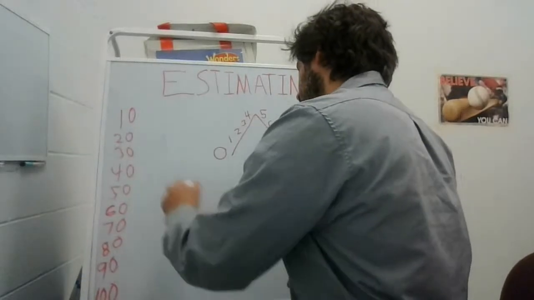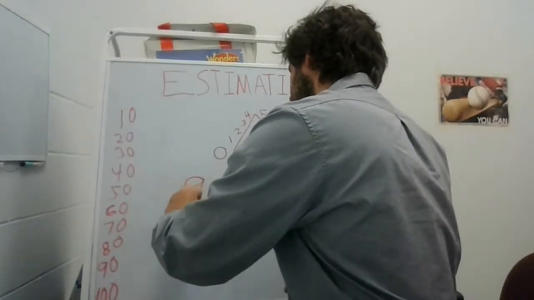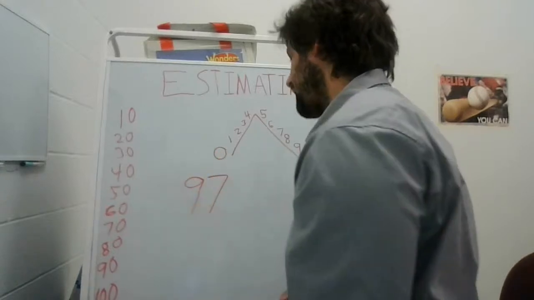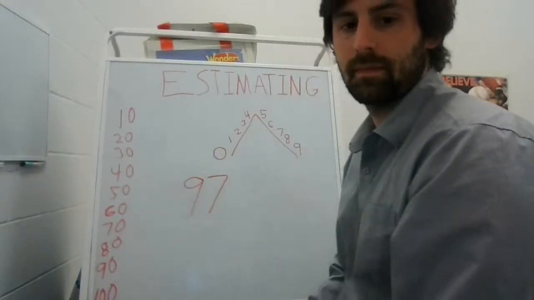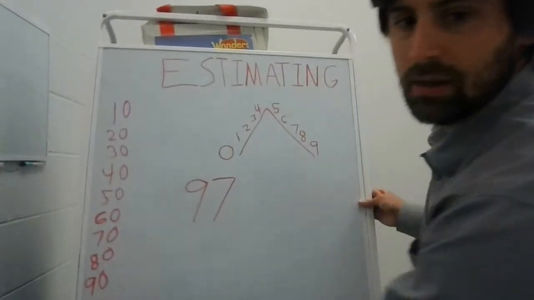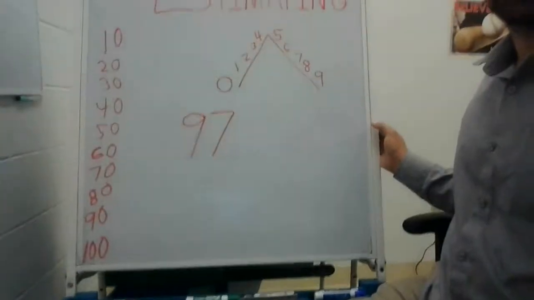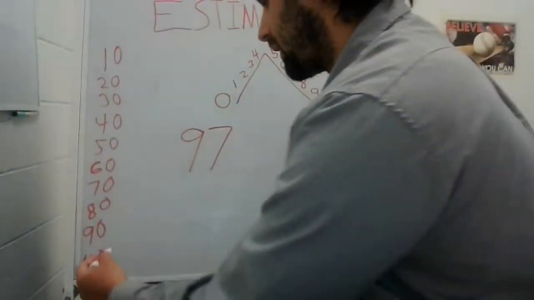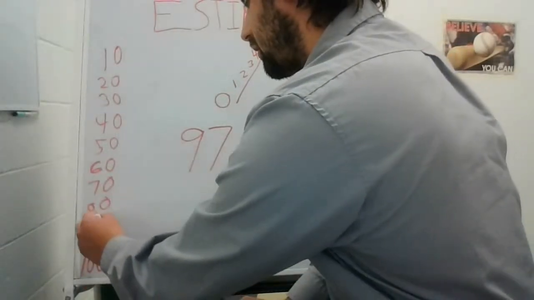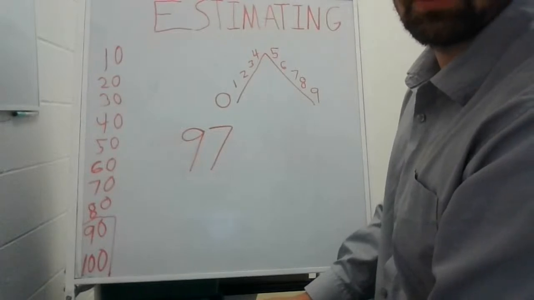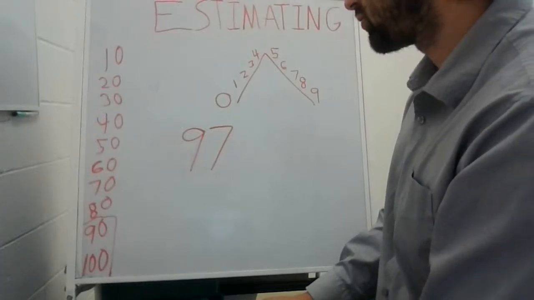Okay, next number we're going to do is 97. So looking at all the digits, now we're going to round 97 to the nearest 10. 90 and 100 are clearly the closest. So we're either going to round it down to 90 or up to 100.